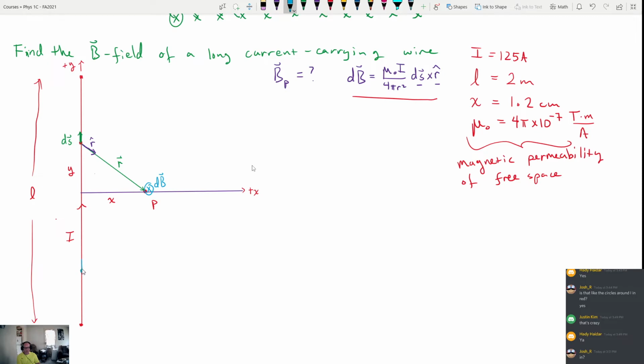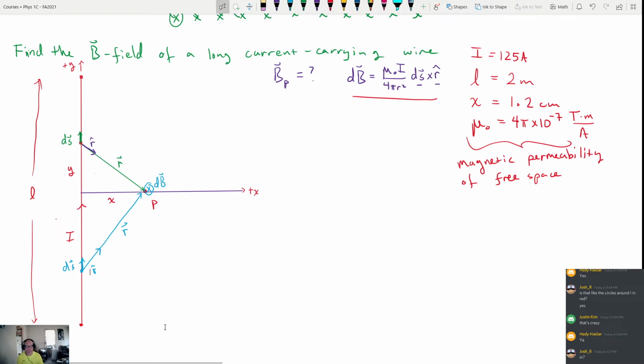If I had a ds right here, and I drew an r vector like here, and then I have my r hat vector here. If I do ds cross r hat now, my thumb also points into the page, right? So ds is up, r hat is this way. My thumb also points into the page. So we know, lucky for us, that at every point along this wire, the magnetic field is always going to be pointing into the page.